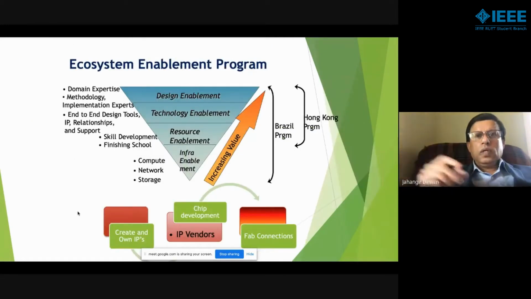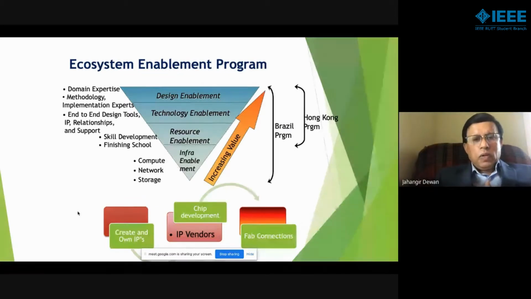Now think about the ecosystem: say you are a university professor or a student, from your capacity, what you can do. You have taken a project, for example, or coursework.